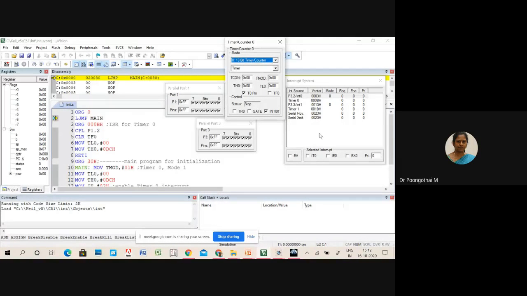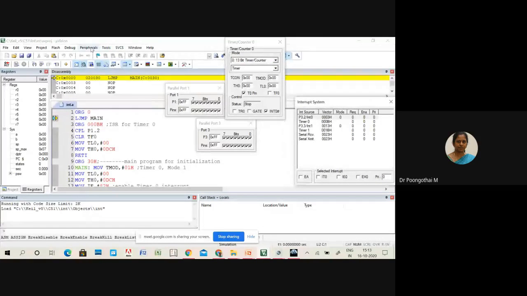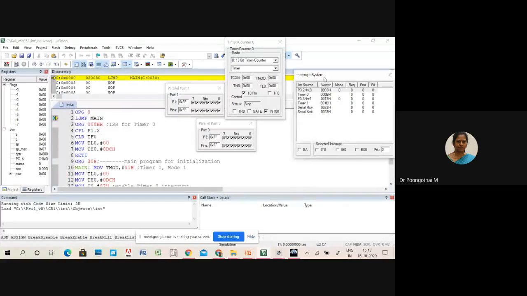Here we have control signals: EA is enable access, IT0 is for edge triggering or level triggering, IE0 is for keeping track of your edge triggered INT0 signal, and EX0 is for external interrupt 0. So here you can find the entire interrupt system of your 8051.